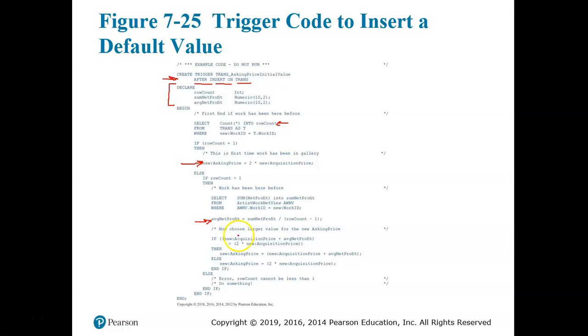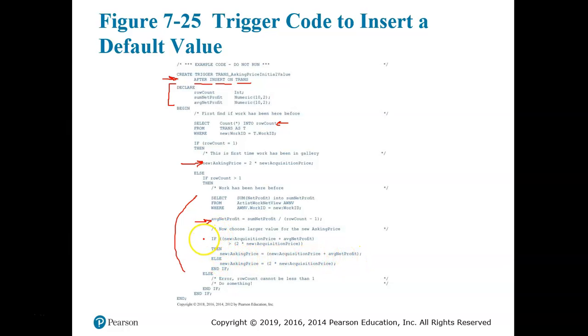So now choose the larger value. This is again a business rule. The business rules say if the work exists before, we will choose between two values. If the acquisition price plus average profit is bigger than 2 multiplied by acquisition price, then the asking price is equal to the acquisition price plus average net profit.